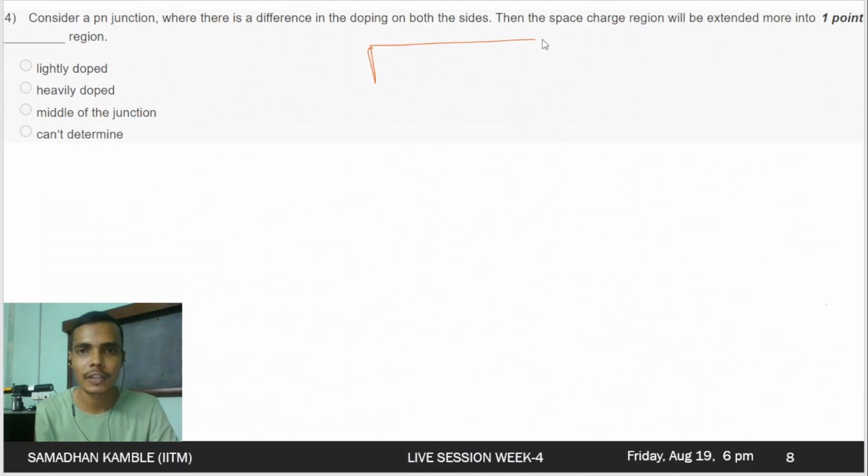If you just consider a PN junction, say this is P type and this is N type, the doping concentration in the P type, which is for the acceptors, is Na, and for the donors it is Nd. These two concentrations are different. There is a difference in the doping on both sides.